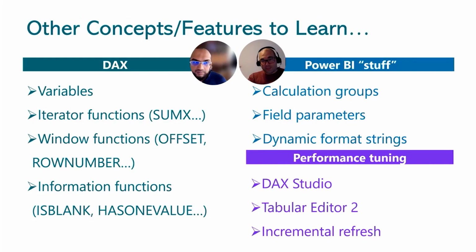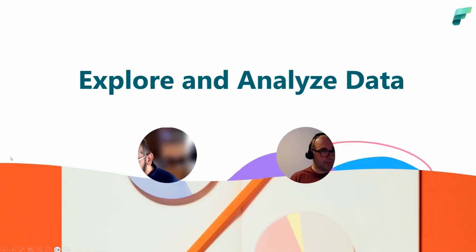Other stuff you will be tested on are calculation groups, field parameters, and dynamic format strings. And when it comes to performance tuning, I already mentioned DAX Studio and Tabular Editor 2, and also incremental refresh, how to configure incremental refresh in Power BI.